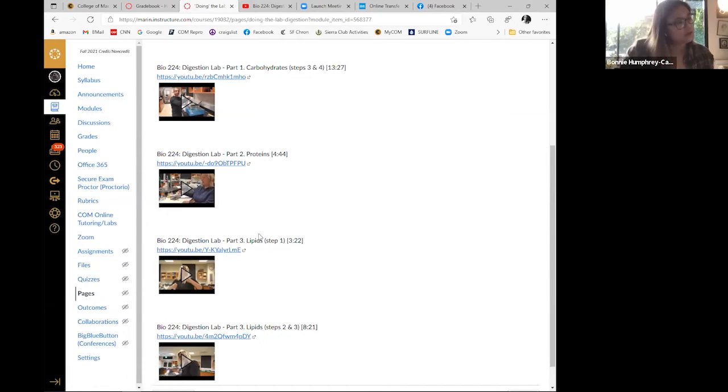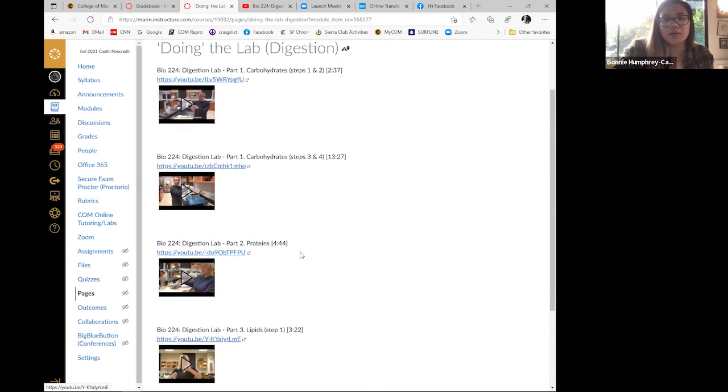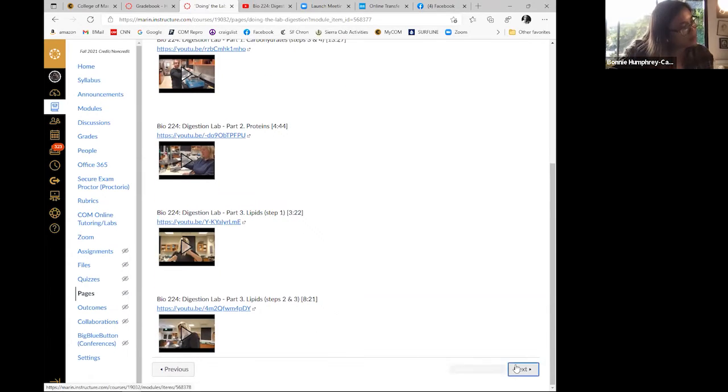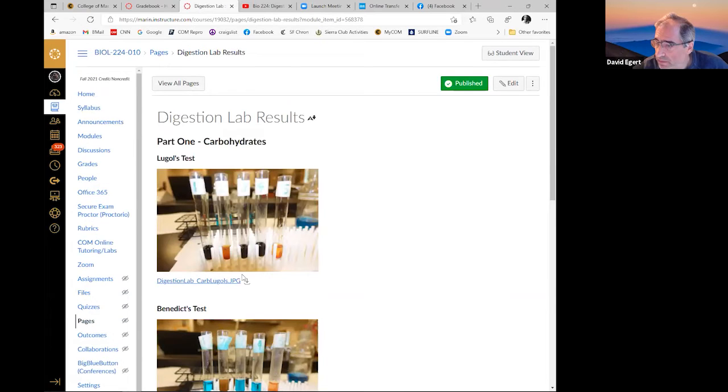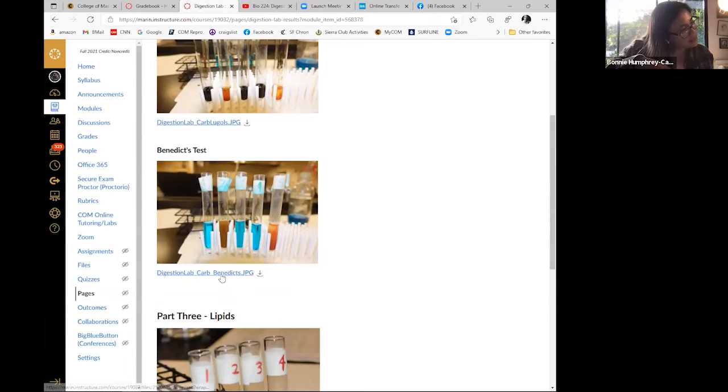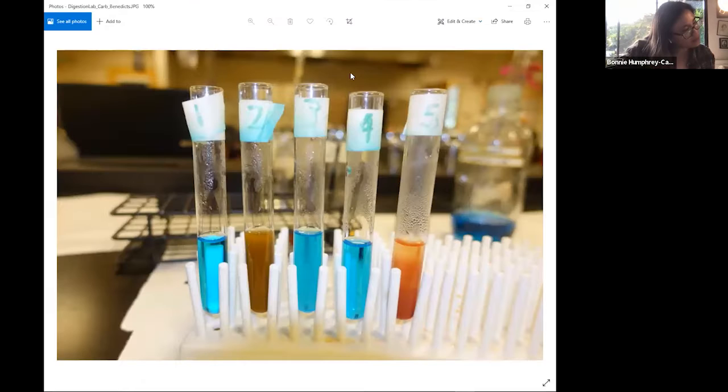I had a question about tube number 3 for the Benedict's. It looked like it was cloudy. I don't know if that was just because it was mixed up, or if that's something we need to know. Let's take a look. Because I predicted that that tube would stay blue since the enzyme to break the starch down would be denatured by the hydrochloric acid, but okay, maybe not.